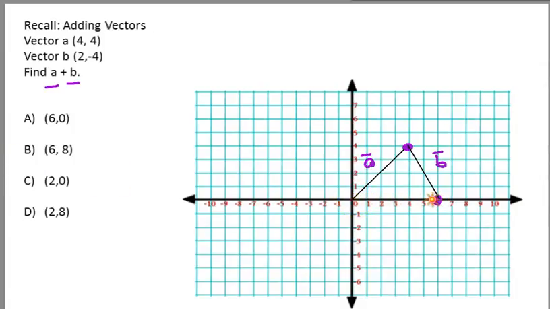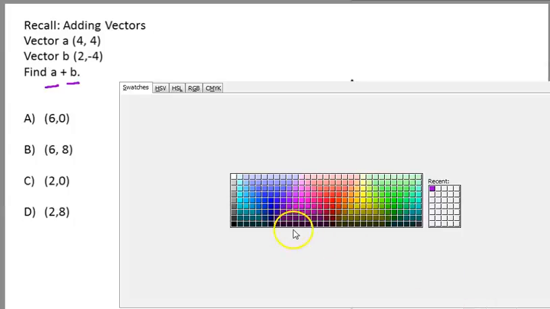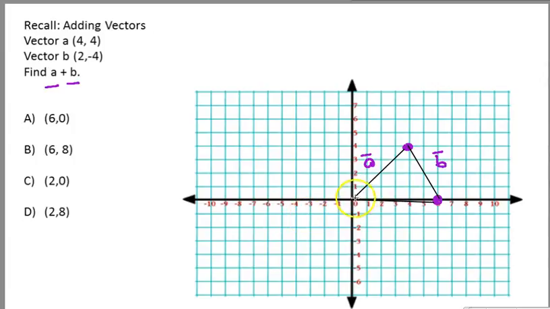And so we end up here. Those coordinates represent the resultant in component form: over 6, up 0. So A plus B would be 6, 0.